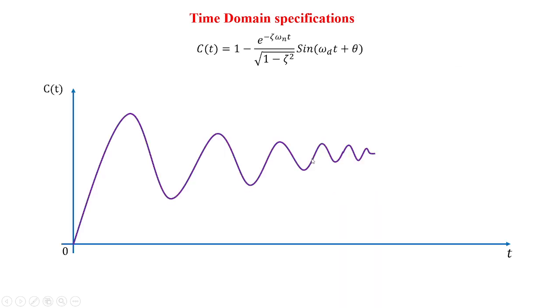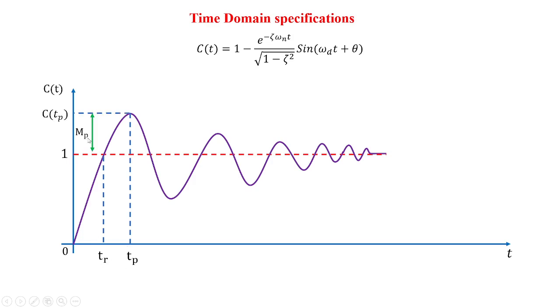Now, how to study the time domain specifications? So these are the damped out oscillations, and for the step input, when we apply the x-axis and y-axis analysis, we are going to get the rise time, peak time, maximum overshoot, and settling time, which is shown by this graph. So this is the graph representation of a second order underdamped system for unit step input. So these values can be derived as follows.